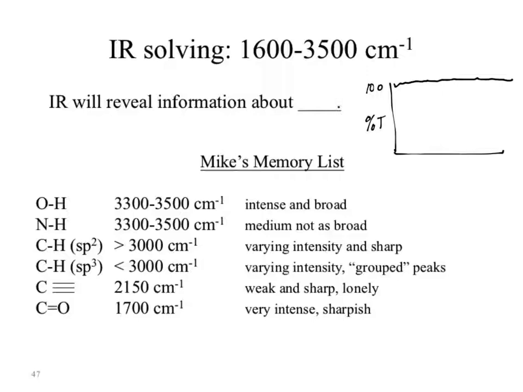Why is that not intense? What is the 100 in comparison to? What is the unit? Percent transmittance. That means 100% of the light did absolutely nothing with the molecule. It passed directly through. That's why that is now a 0 intensity.